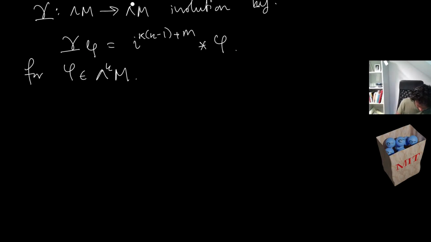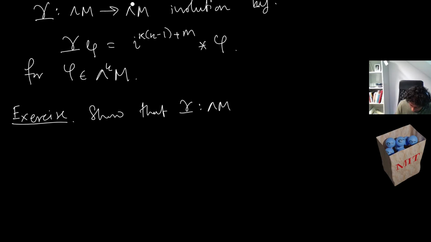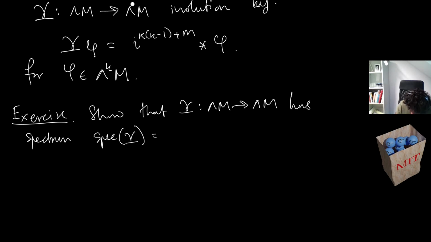So maybe I'll give this as an exercise. Show that upsilon, mapping this space into itself, has spectrum plus or minus 1.